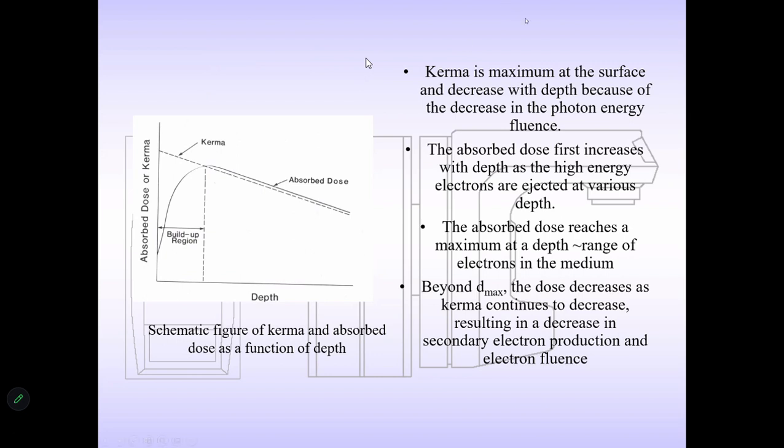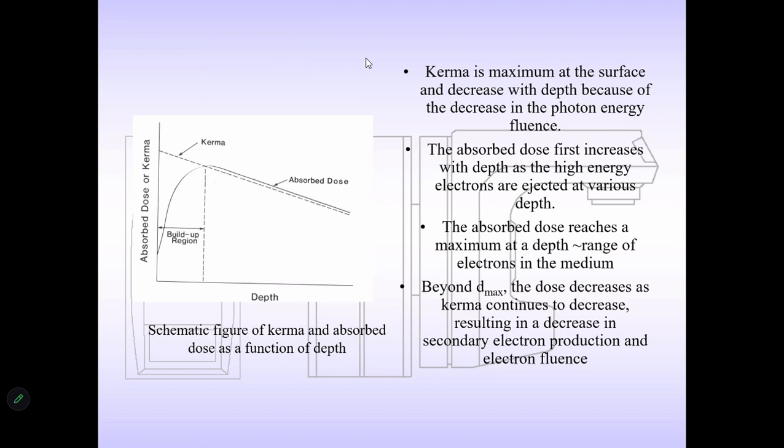So when the photon beam enters the body, it immediately starts releasing energy. And why is Kerma at the maximum at the surface?